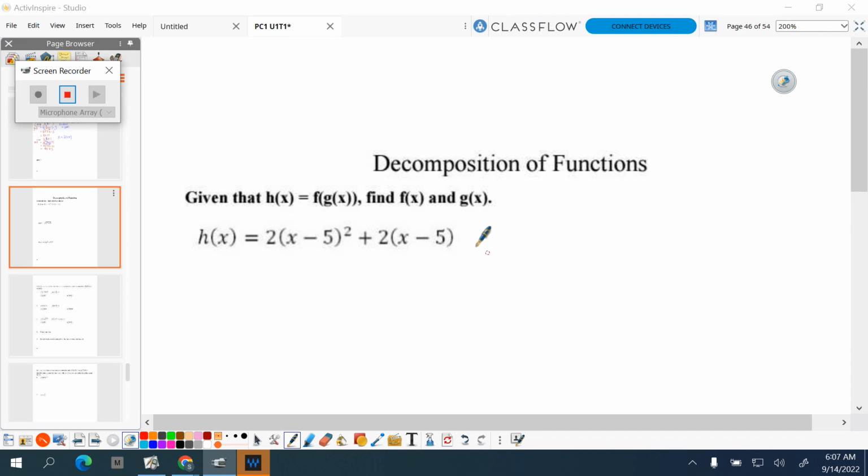Alright guys, we're in a section that I split off, I probably should have kept it together, called the decomposition of functions.